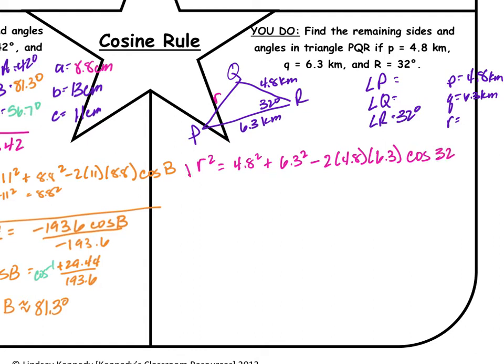Boy, that is really a long problem. Square root it to get R squared to become R. So R is approximately equal to the square root of 4.8 squared plus 6.3 squared minus 2 times 4.8 times 6.3 times cosine of 32, making sure the calculator is in degrees.